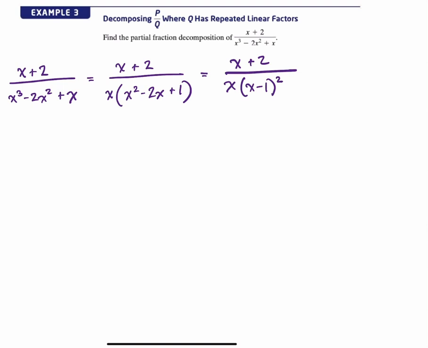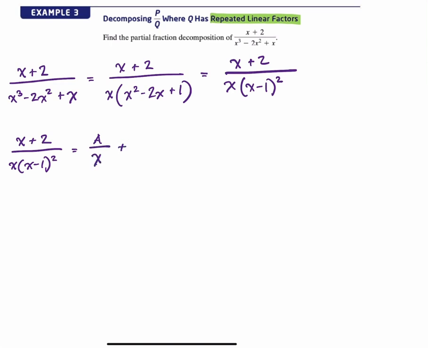So this is a case of having a repeated linear factor. We still have a non-repeated one, but this one is repeated 2 times. So this will give us something that looks a little bit different. For that first term x, we'll just get a over x.